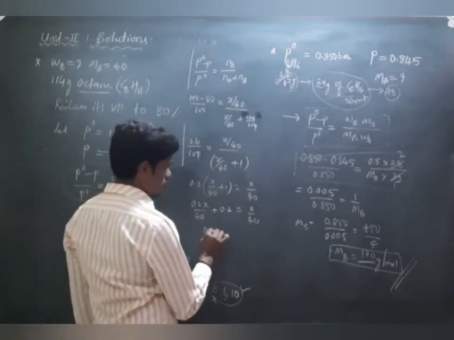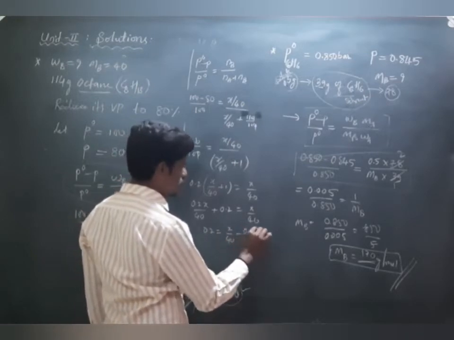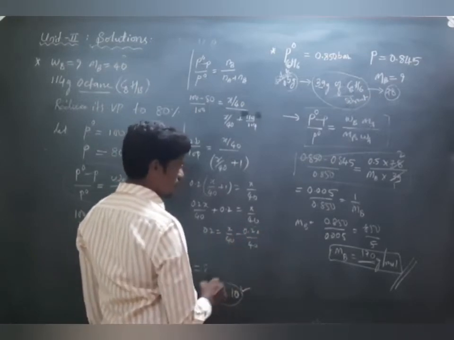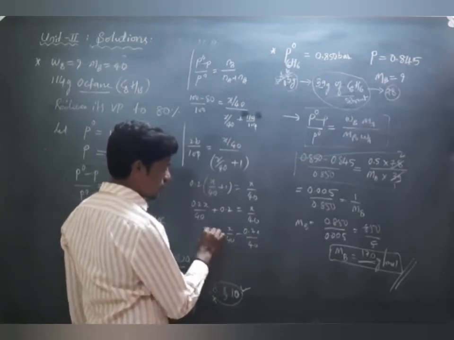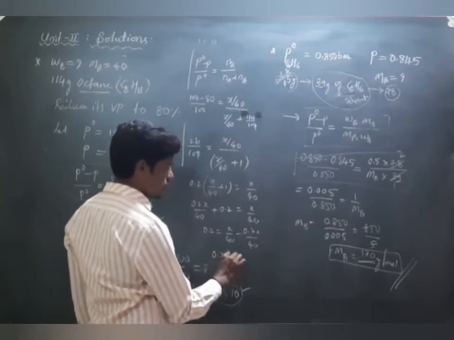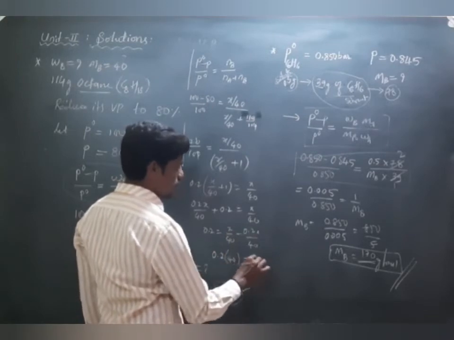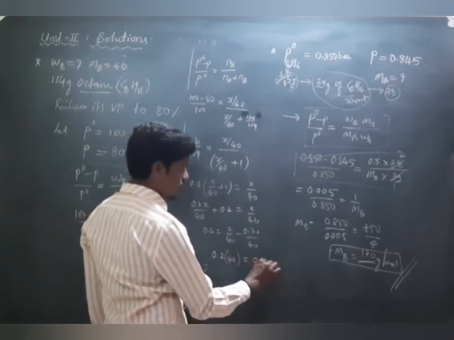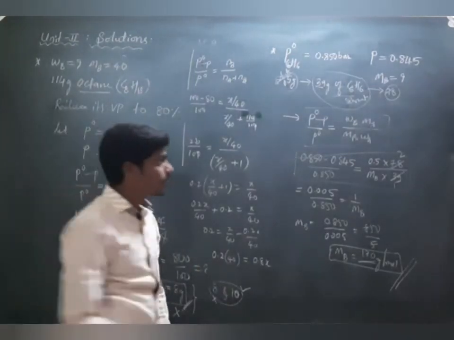So 0.2 is equal to X by 40 minus 0.2 X by 40. Here 40 is common. So 0.2 into 40, how much is it? That is equal to 1 minus 0.2, 0.8x. Simplified.